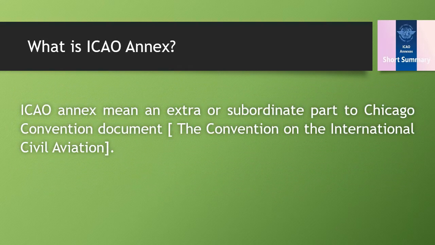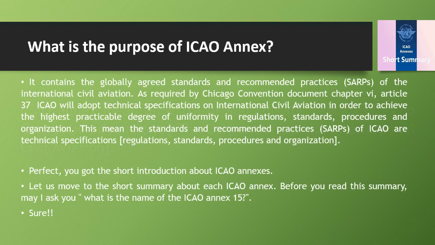What is an ICAO Annex? An ICAO Annex means an extra or subordinate part to the Chicago Convention document, the Convention on International Civil Aviation. What is the purpose of an ICAO Annex? It contains the globally agreed standards and recommended practices, SARPs, of international civil aviation.